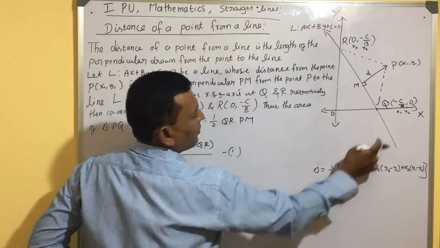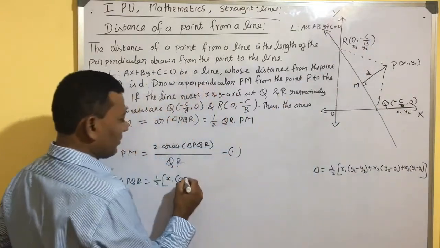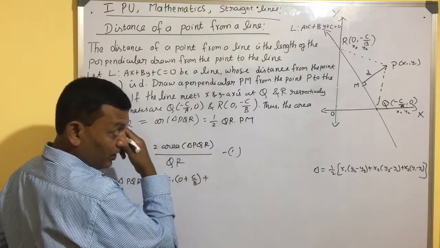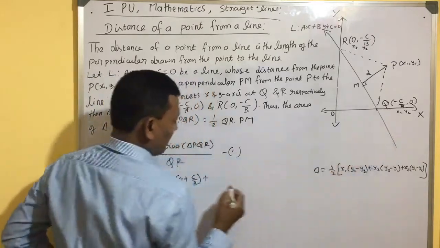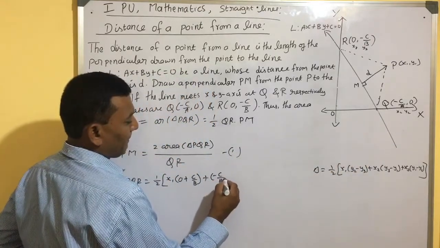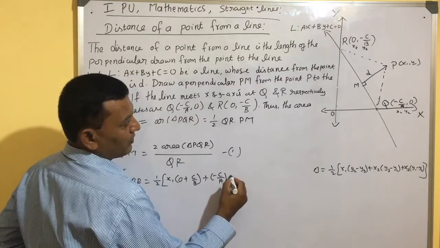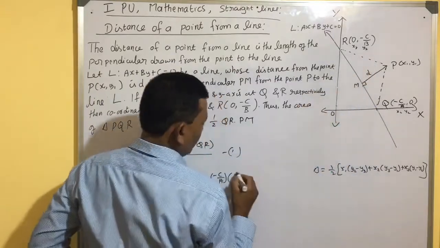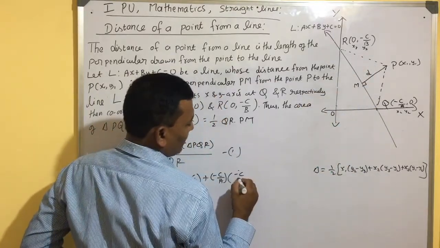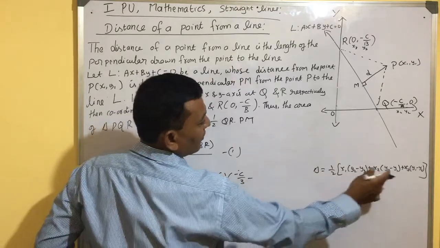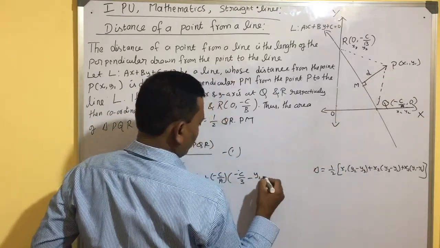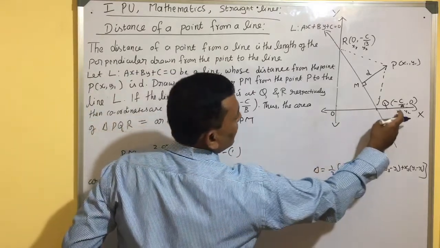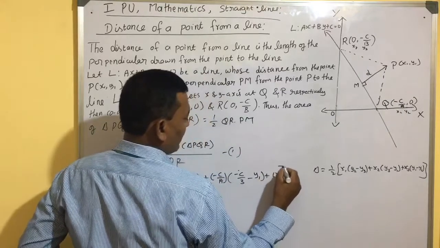So y2 is 0, this is y3, and minus of minus will become plus c by b, plus x2. x2 is minus c by a into y3 minus y1. y3 is minus c by b, minus y1. Y1 we write as it is, plus x3. x3 is 0, so we leave it.